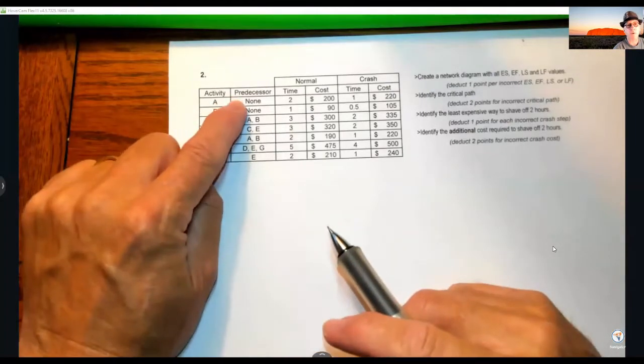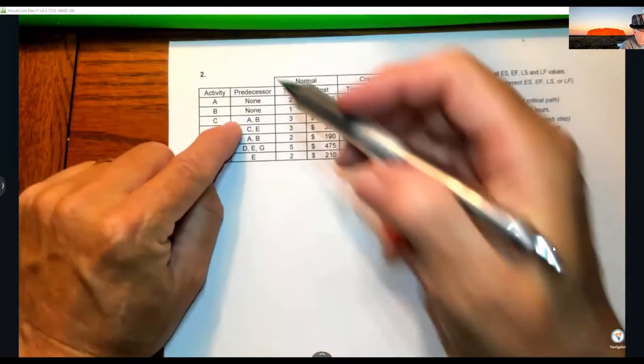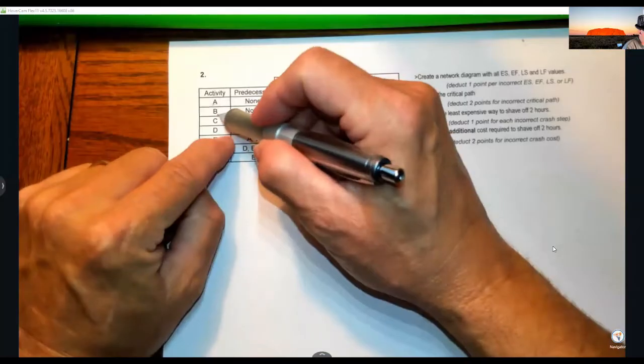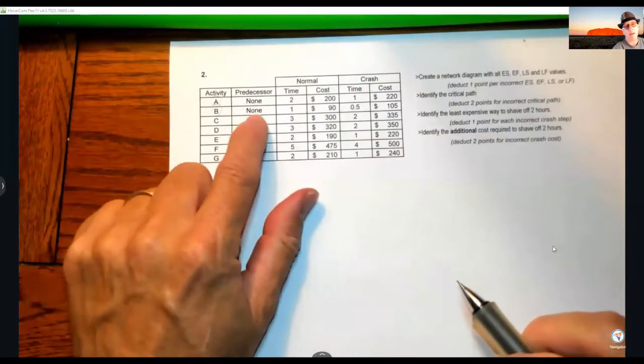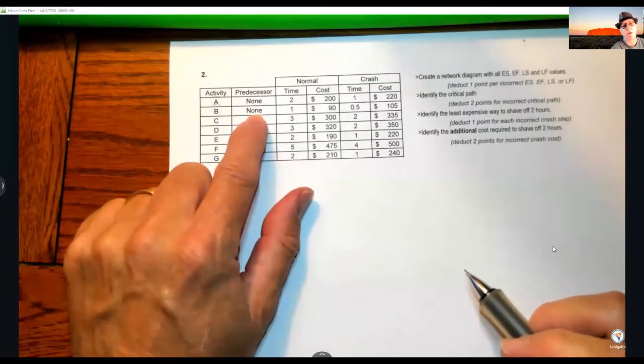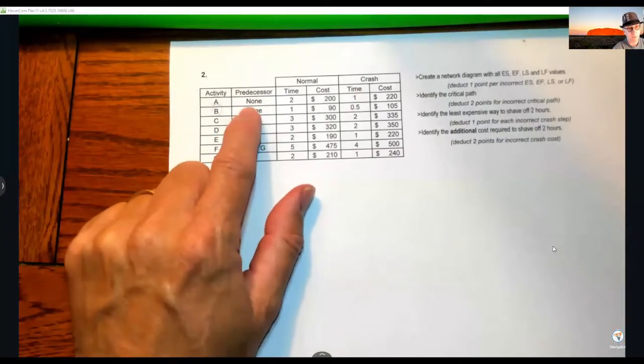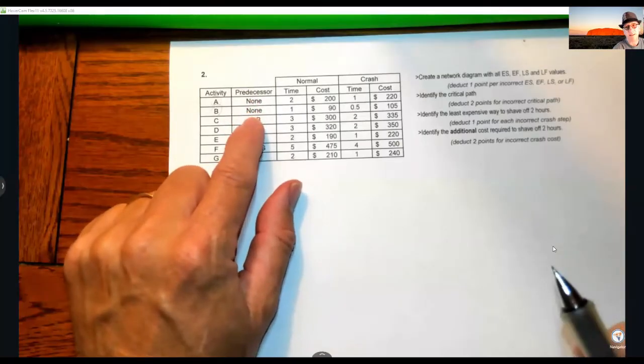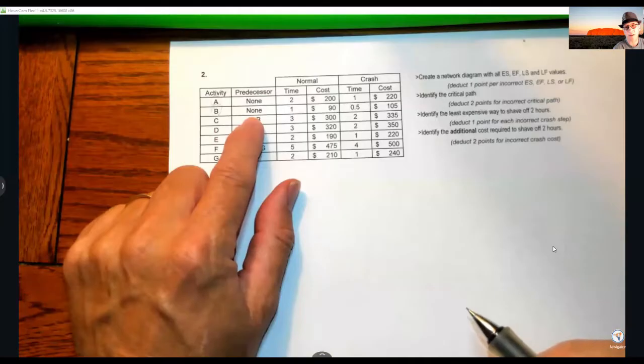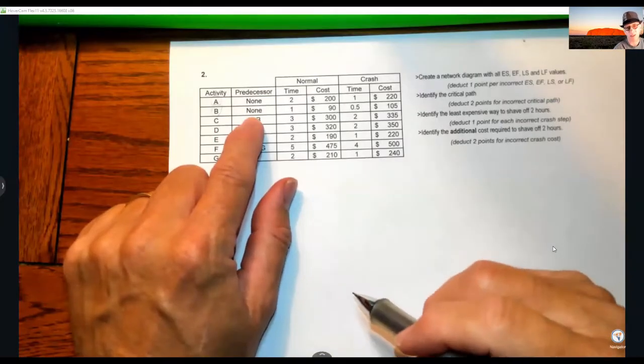When we're cruising down this one, we're looking for, to begin with, things without a predecessor. Nothing came before those. And remember what I said before also in chapter 14, is that sometimes don't write it in too darkly, because sometimes it's a little bit better to erase it and adjust it.